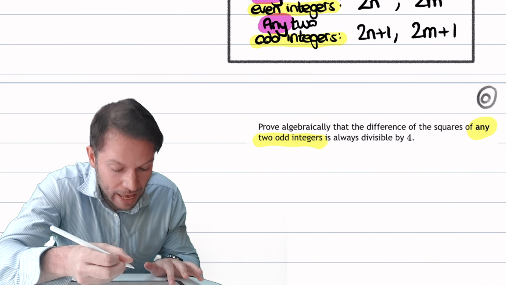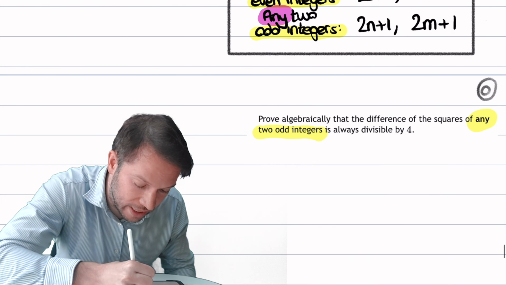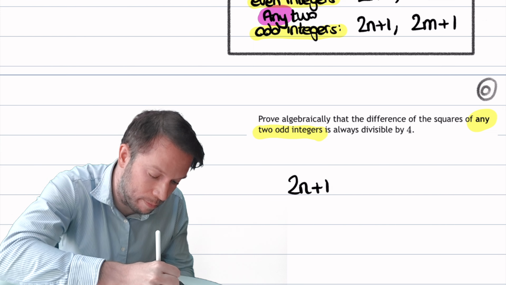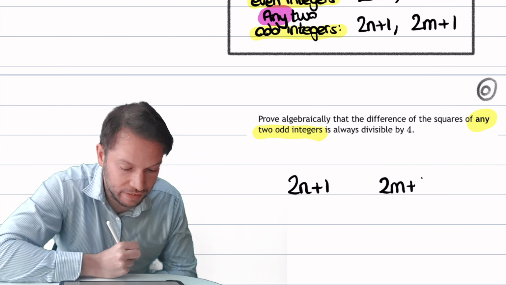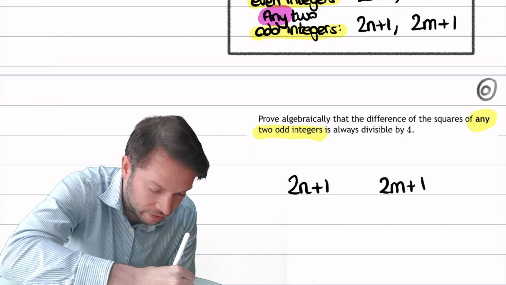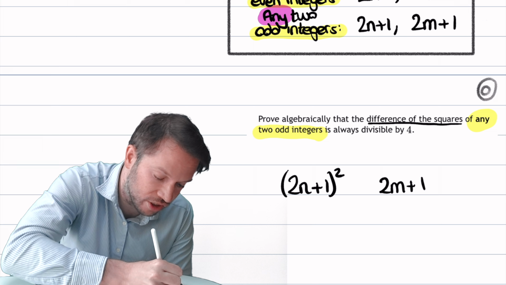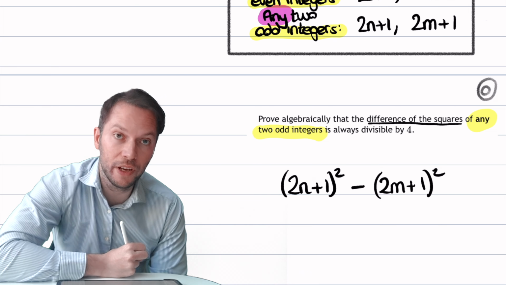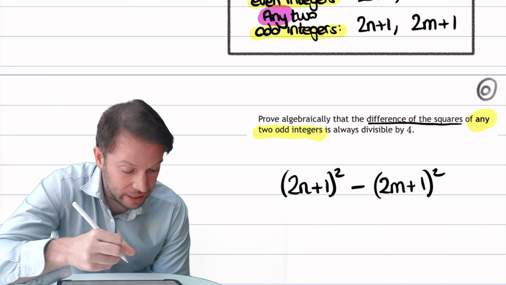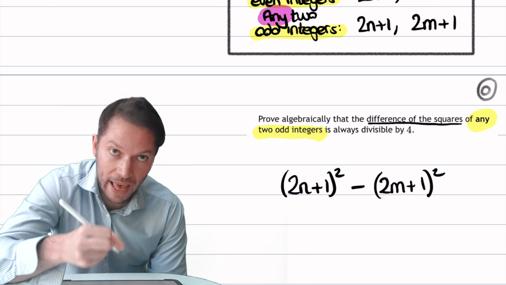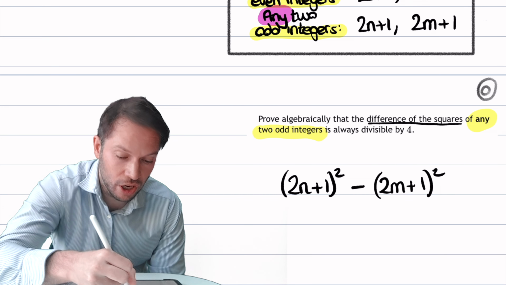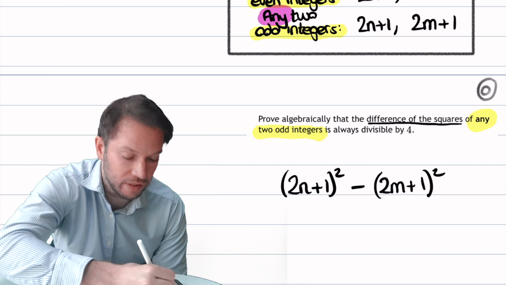Well, any two odd integers could be represented as 2n plus 1 and 2m plus 1. And it's saying the difference of the squares of these, so we square each, and we do the difference of those squares. So we've represented the difference of the squares of any two odd integers, and we need to show that this is always divisible by 4.